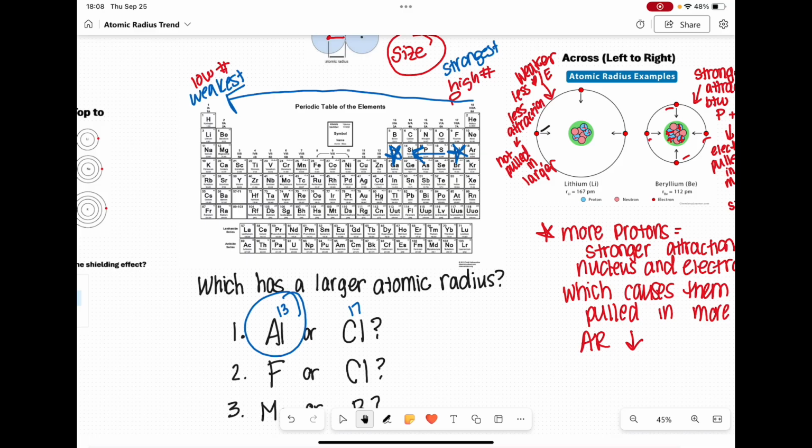Two, Al has fewer electrons, which makes it a weaker attraction. We know that a weaker attraction means the electrons are not pulled in as tight, so it actually makes it larger.